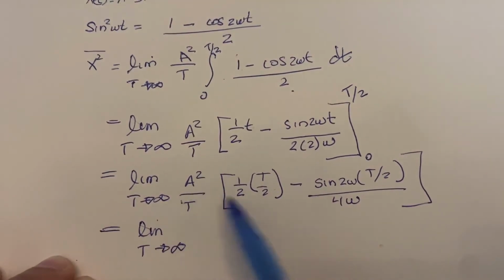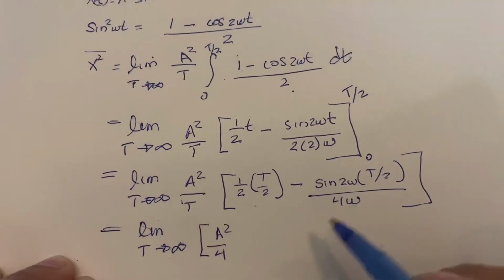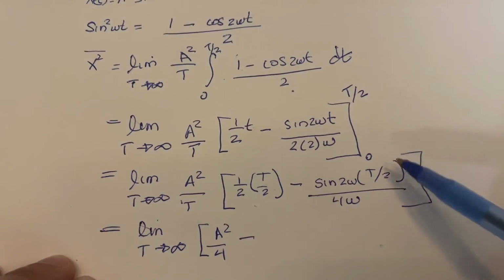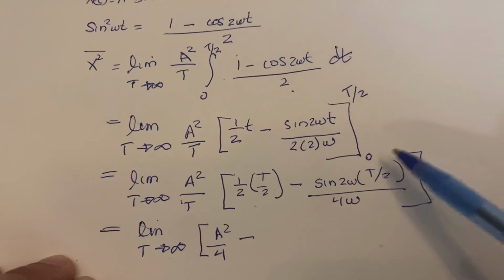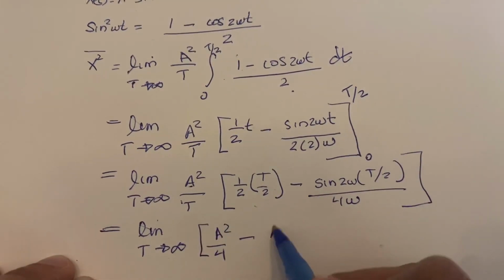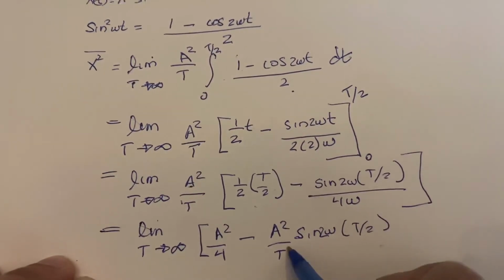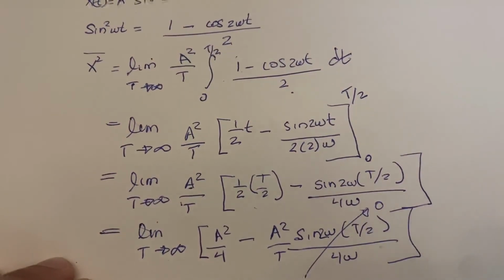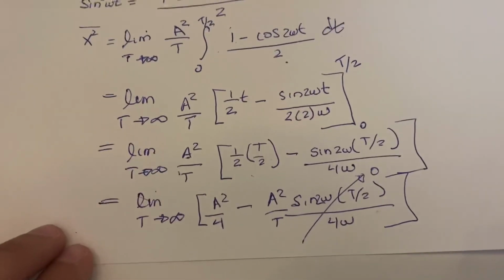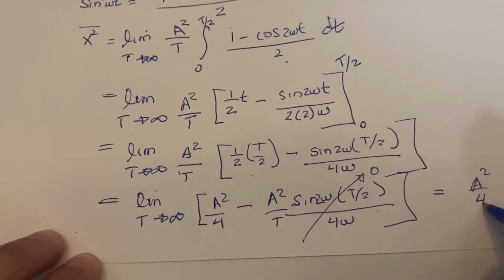If I multiply this by this, I'm getting A squared over 4 minus this expression, because if I multiply A squared over T by sine 2wt over 4w, this expression is going to go to 0. Therefore, our value is going to be equal to A squared over 4.